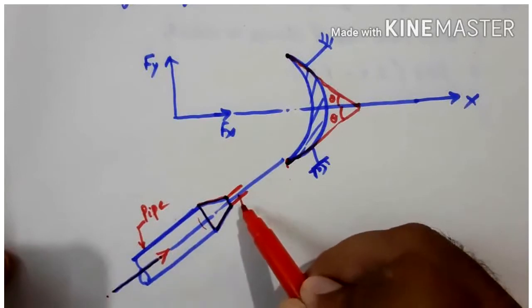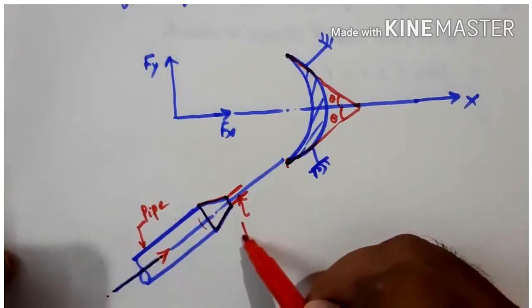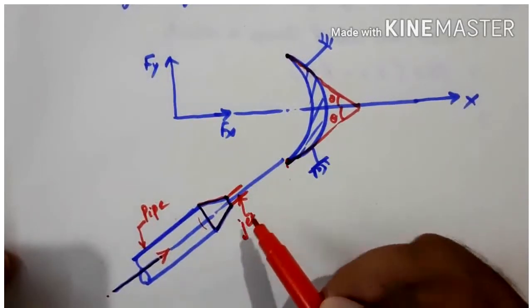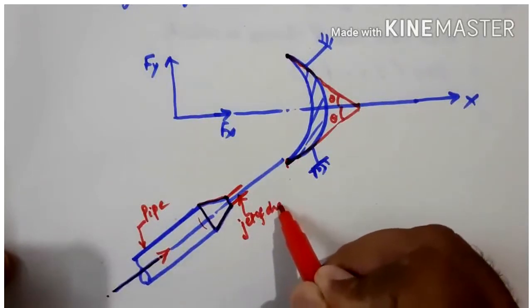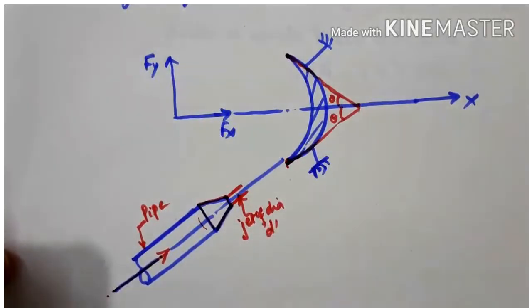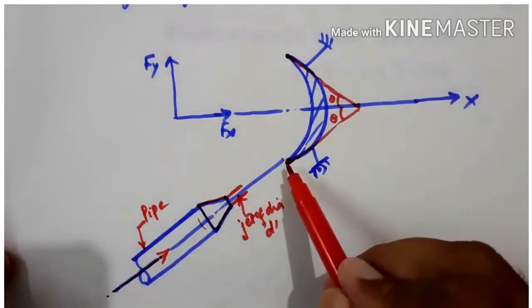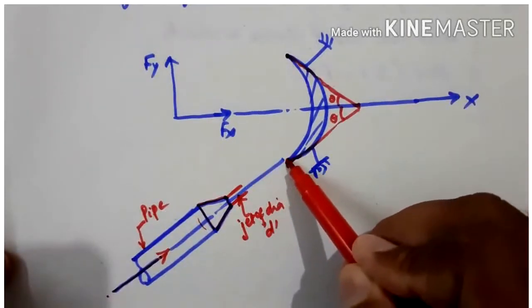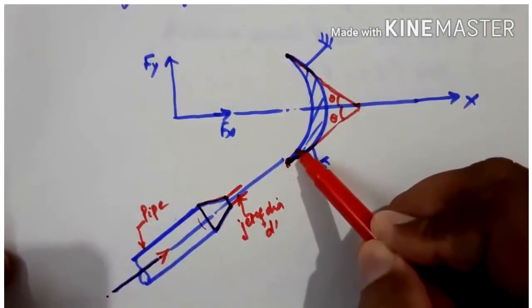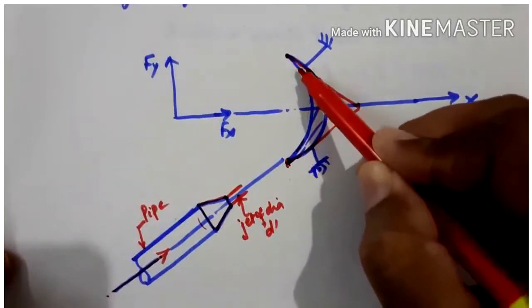This jet has a diameter d, and it strikes one of the tips tangentially. After striking, the water glides over the surface, then exits.